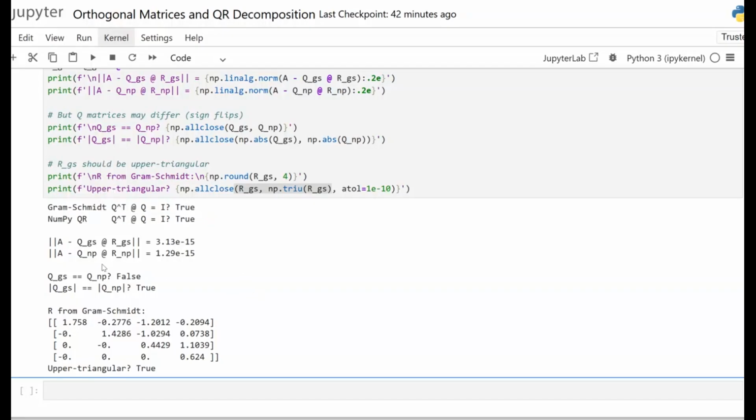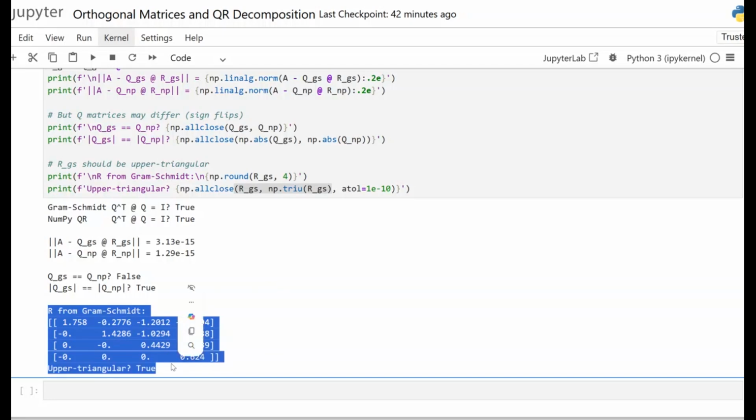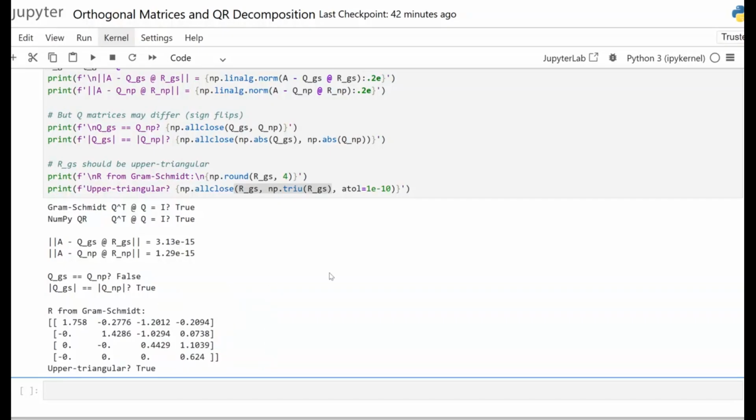Kindly observe, dear friends, this Gram-Schmidt comparison is usually false, and with absolute values it is often true. This indicates the same direction and possibly opposite orientation. From both comparisons, both Gram-Schmidt and NumPy produce valid QR decompositions, with orthogonal Q and exact reconstruction.